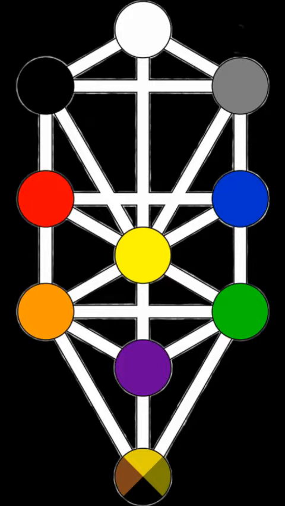Also, the Hebrew alphabet belongs to the paths, okay? The Hebrew alphabet is the key. If you want to unlock the cards, you have to understand the alphabet. I'm not saying it wouldn't be nice to go learn Hebrew. I wish I could, I just don't have the time.